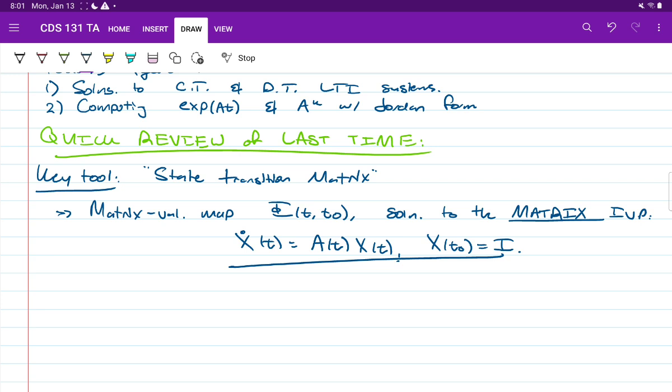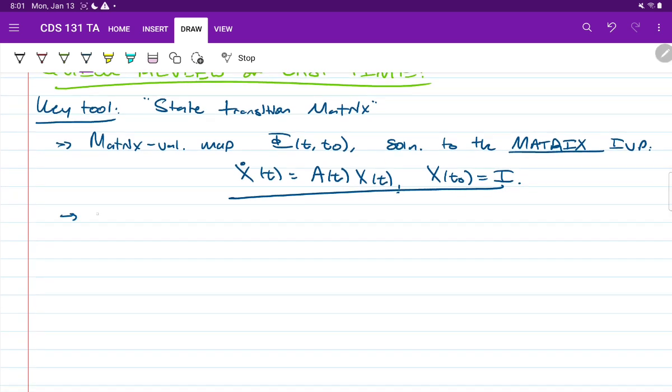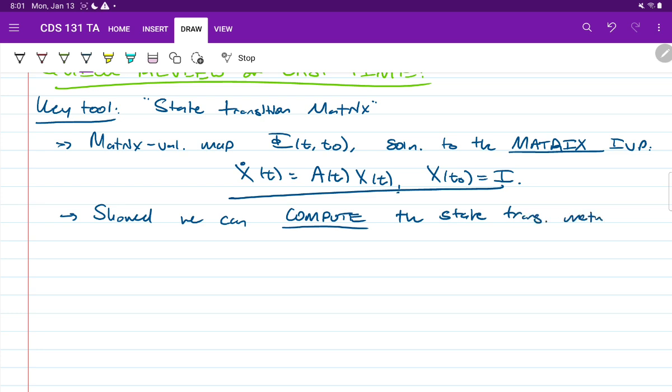Evaluated at time t. What else did we show? We showed we can compute the state transition matrix with this fancy infinite series called the Peano-Baker series.